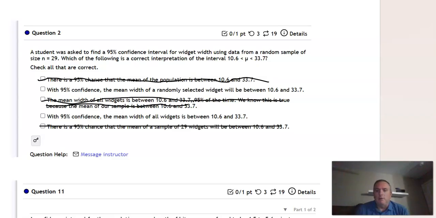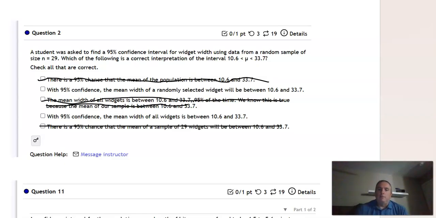So we have all these means of our samples. We would expect about 95% of them to fall between our values in our confidence interval, 10.6 and 33.7.